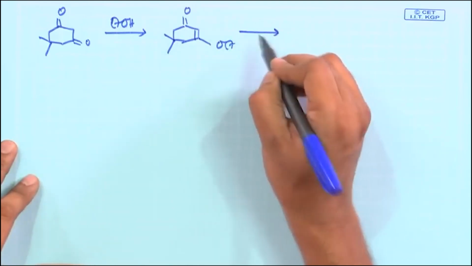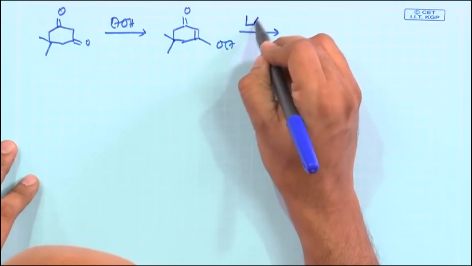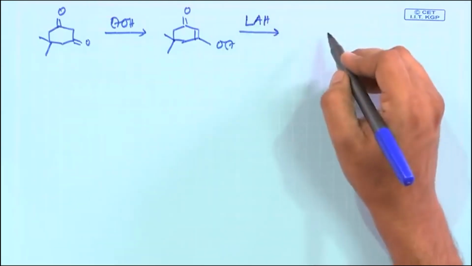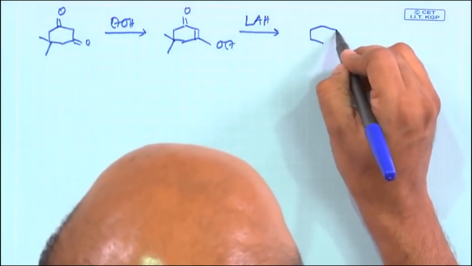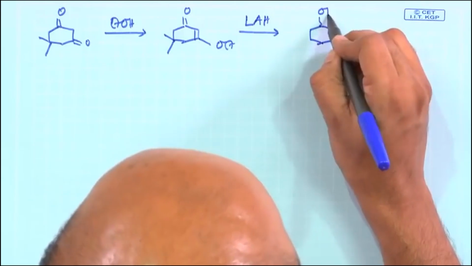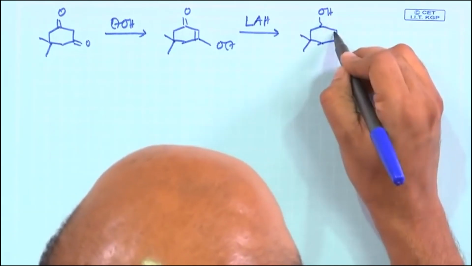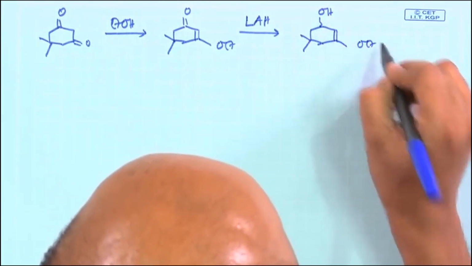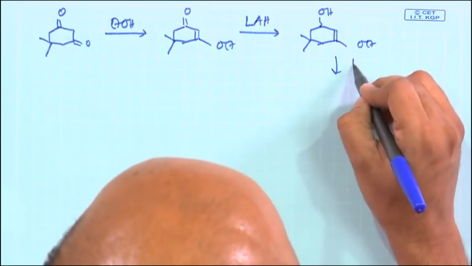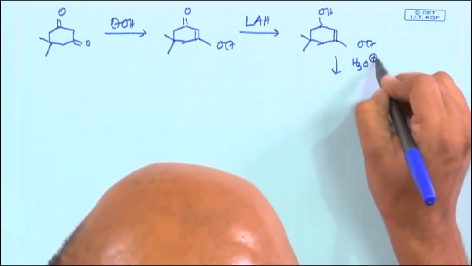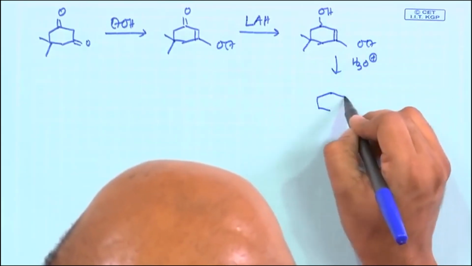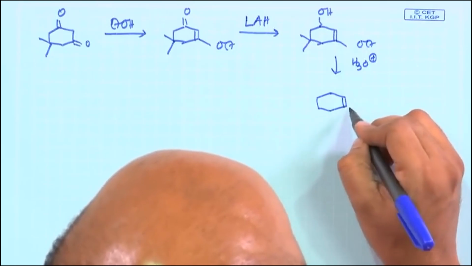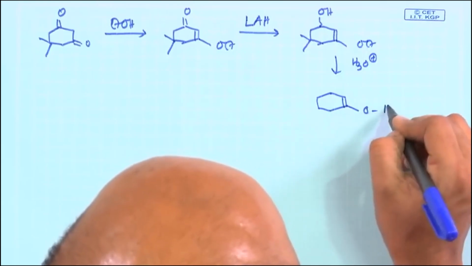This vinyl ether you react with lithium aluminum hydride. What you will get? You will basically get OH, OEt. Now subject to aqueous workup. Remember earlier cases when you hydrolyze the vinyl ether, it is very easy.